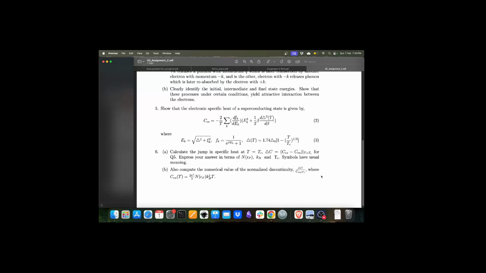So question B was: also compute the numerical value of the normalized discontinuity, where C_en is given as 2 pi squared by 3, n at E_F, and then k_B squared T.